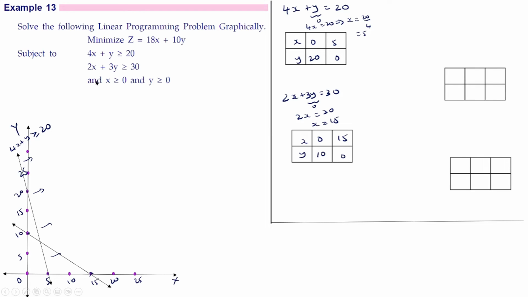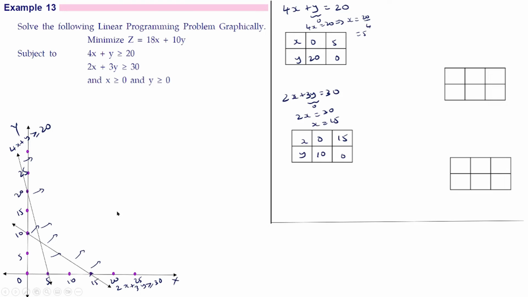Now to find the region corresponding to 2x plus 3y greater than or equal to 30, again if we substitute the origin and check, the origin does not lie in this region. So it is the other side of the line. It is this part, 2x plus 3y greater than or equal to 30.